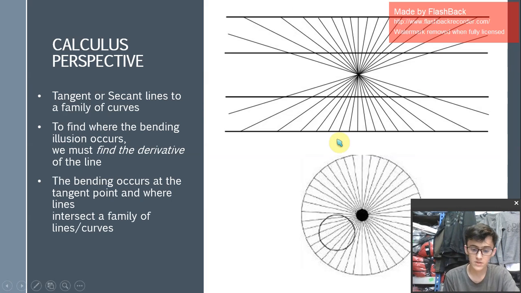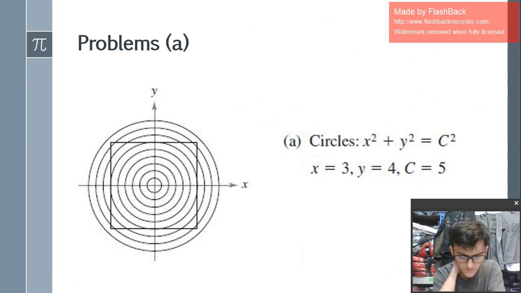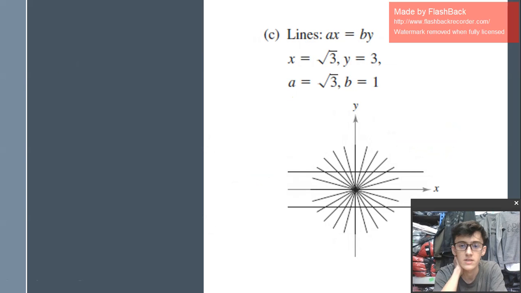So if you look at these pictures, there is an illusion created by having lines intersect a family of curves. In each case, for example, here, the lines appear to be curved. So like here, here, and here.